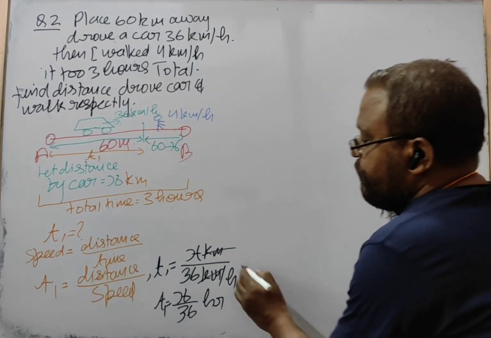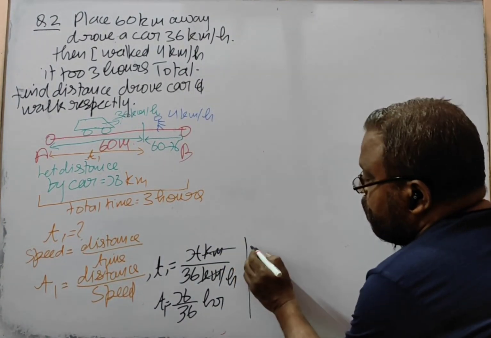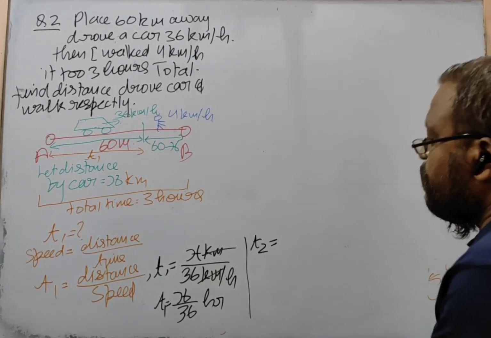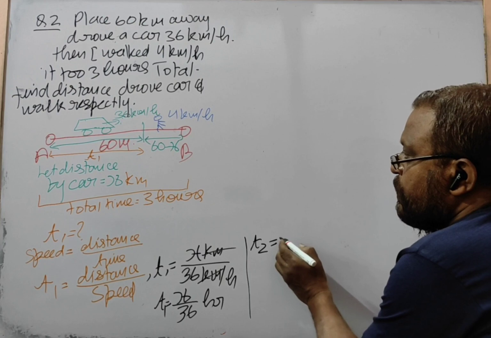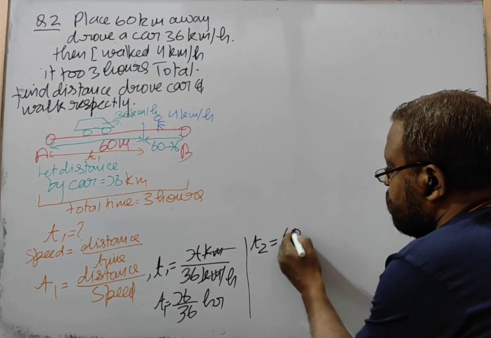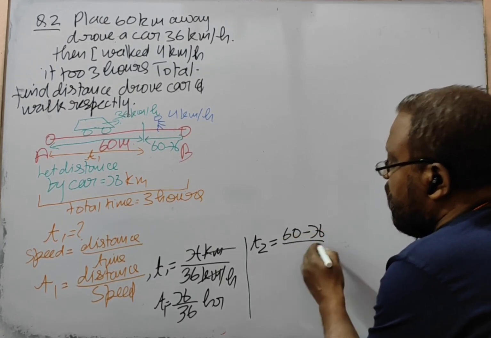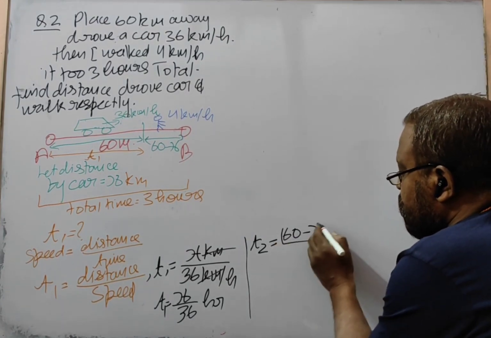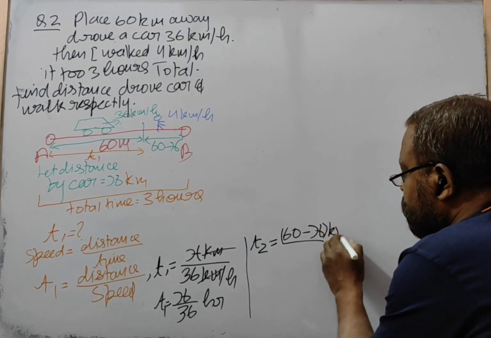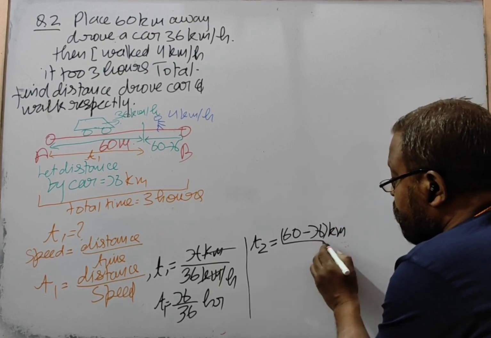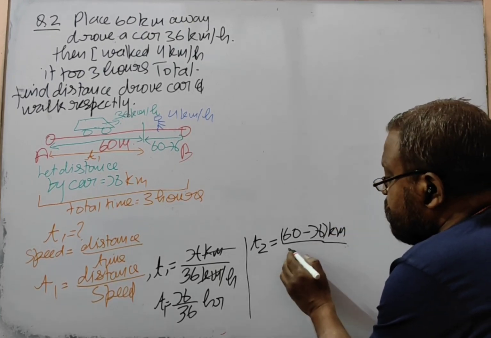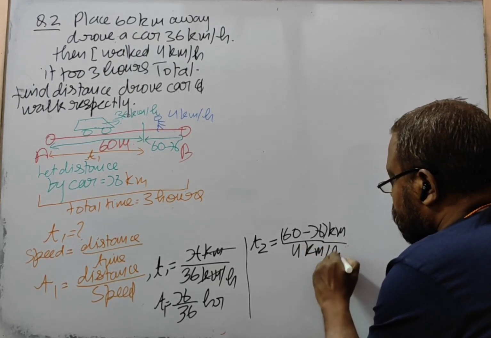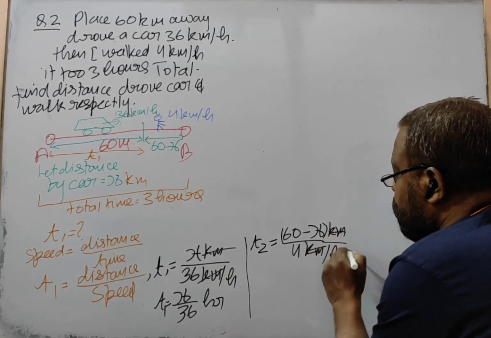Similarly, if we take T2 for walking, the distance is 60 minus X. He traveled 60 minus x kilometers with a speed of 4 kilometers per hour, right?